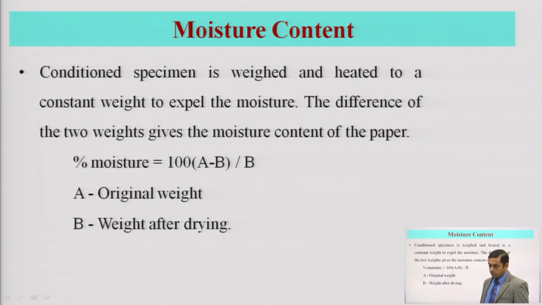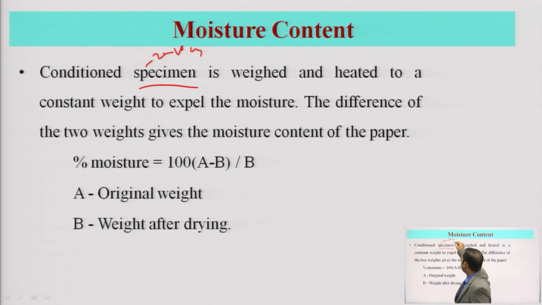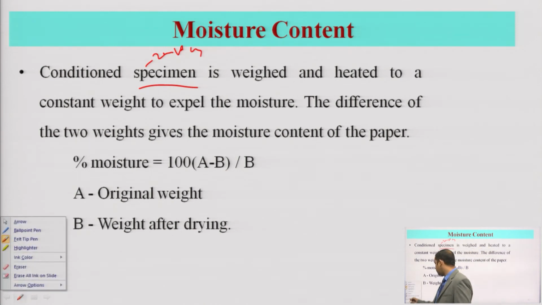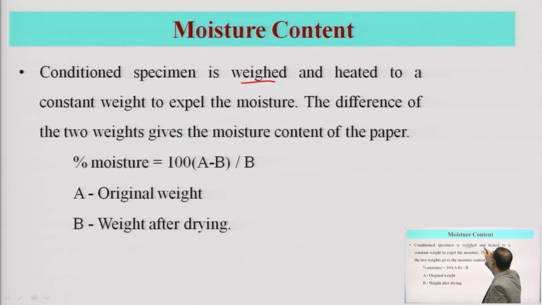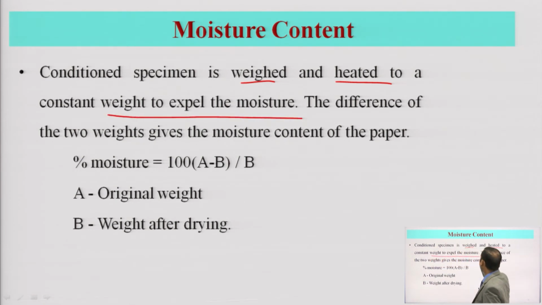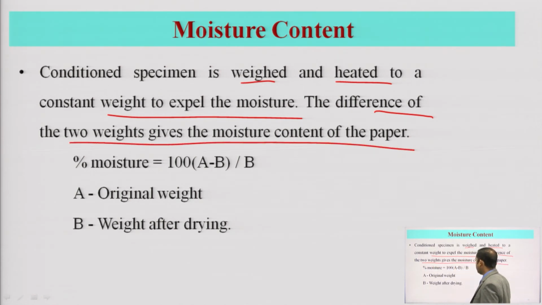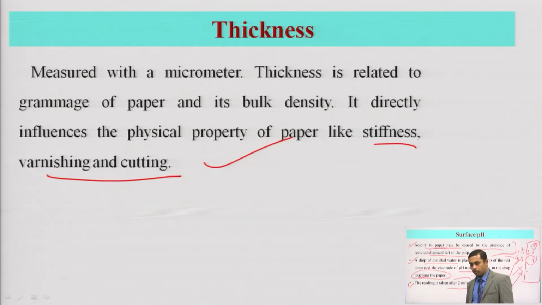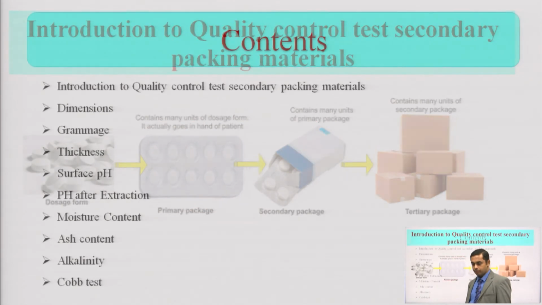So, the conditioned specimen, when I say specimen, I am actually referring to the secondary packaging material. You will check the weight of the specimen, and then heat it to a constant weight to expel the moisture. The difference between the two weights gives the moisture content in the paper. For example, let me go to my old slides.